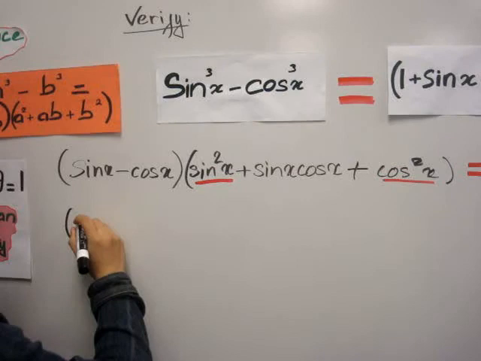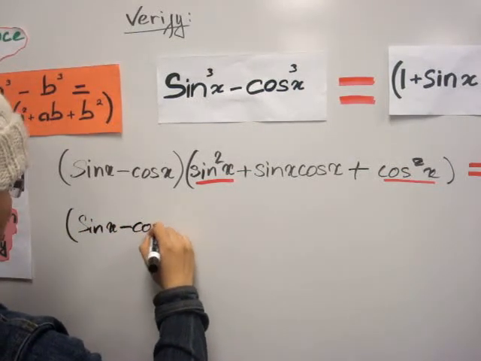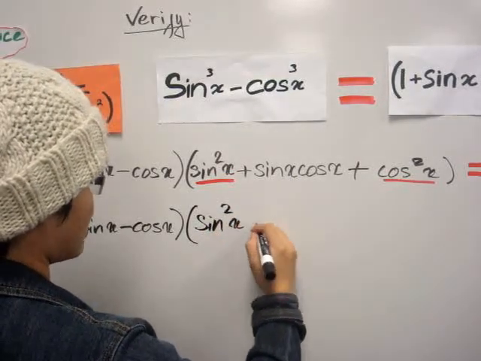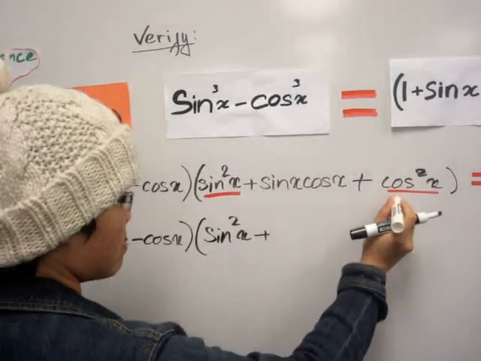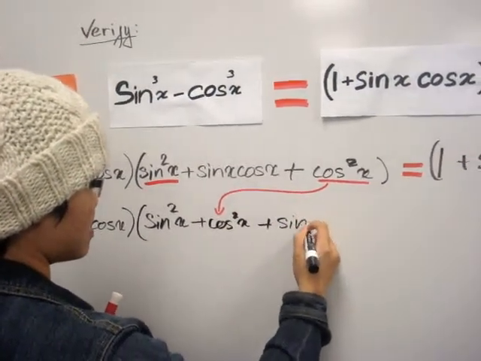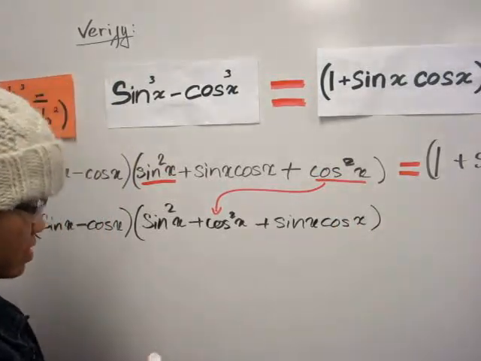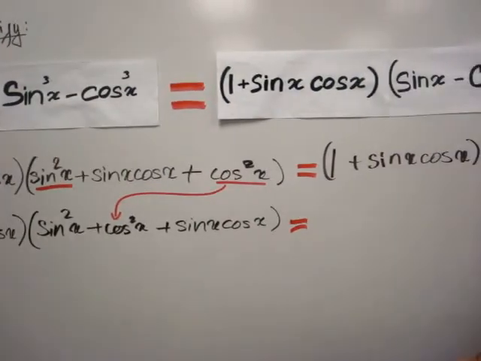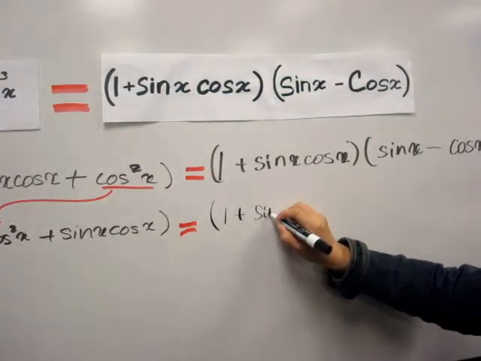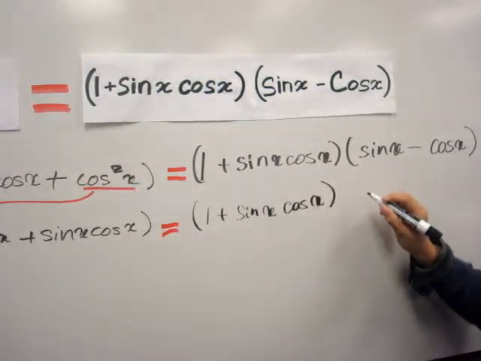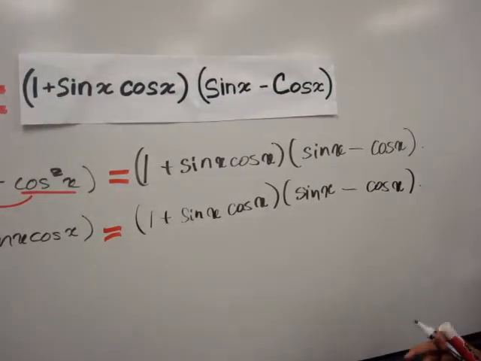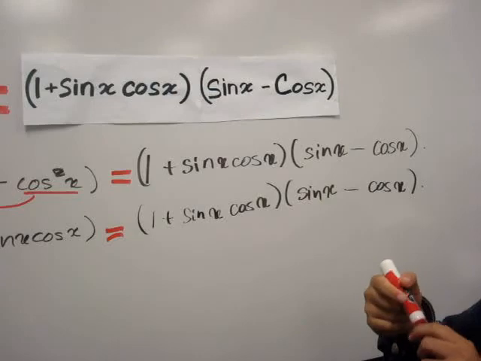We have sine x minus cosine x, just write it again, times sine squared x plus cosine squared x plus sine x cosine x, equals, and just write it again, 1 plus sine x cosine x times sine x minus cosine x. And go back to the left side.